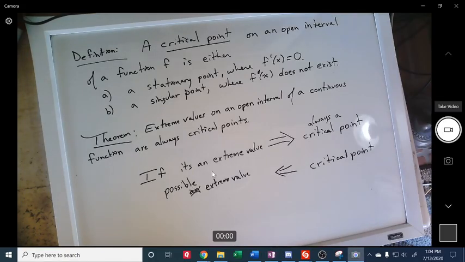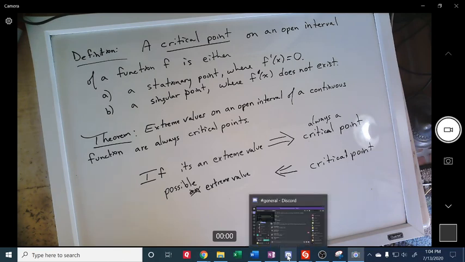All right. So, when you have an implication, if this, then this, it's very important which direction you're going in the implication. And we just saw in this one that an extreme value implies that we're always a critical point, but a critical point is not always an extreme value. All right. Give me a little feedback on this. Are you confused on this?